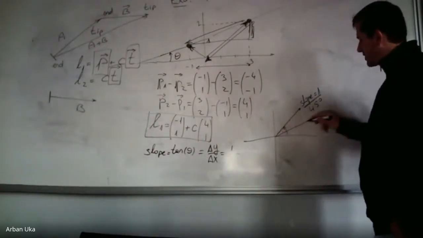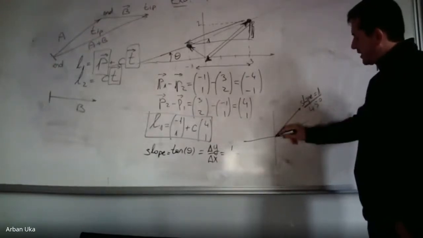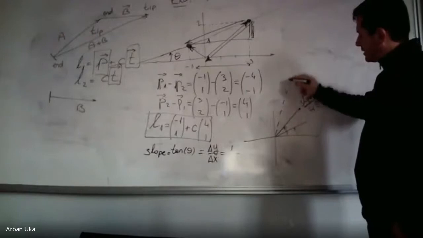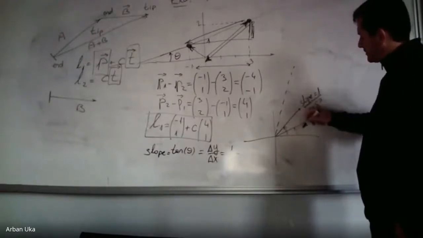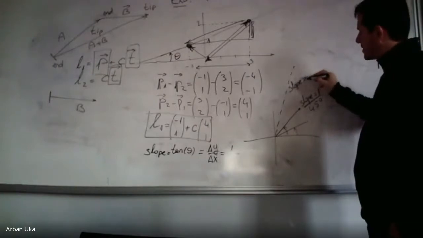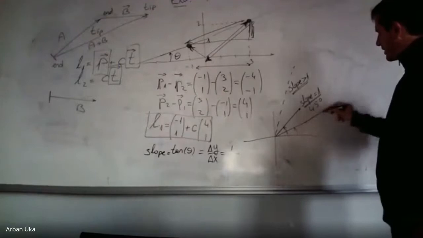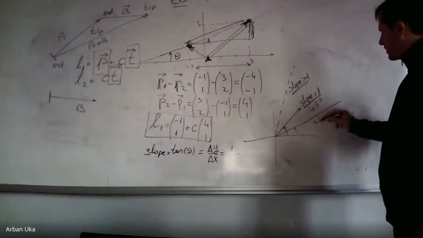This means that we have a very small angle, something like this. If we are somewhere here, what is the slope here? It is larger than 1, okay? Here, which is this line here, the slope is smaller than 1.